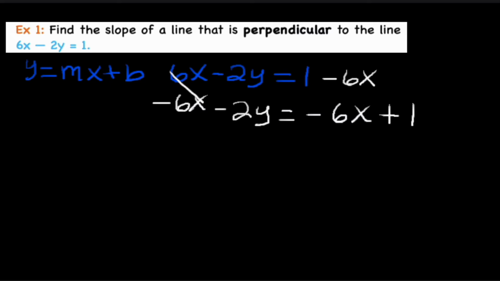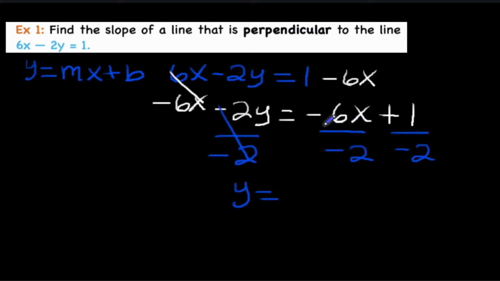So now we need to divide by negative 2, which is the coefficient on y. We're going to do that for each term here. All right, cancel. So we are left with y equals negative 6 divided by negative 2 is 3. So 3x minus 1/2. So our slope here is 3.